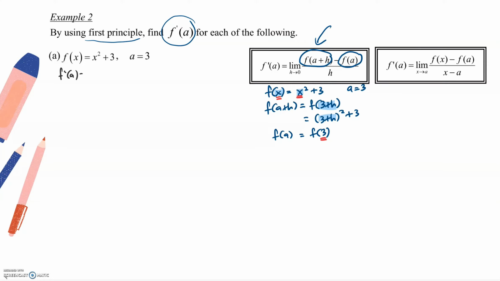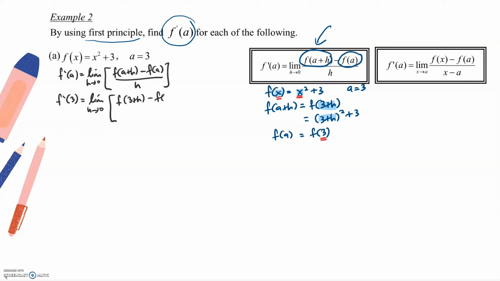Now f prime a is equal to the limit as h tends to 0 of f(a plus h) minus f(a) divided by h. We have here a is equal to 3, therefore we have f prime 3 is equal to the limit as h tends to 0 of f(3 plus h) minus f(3) divided by h.